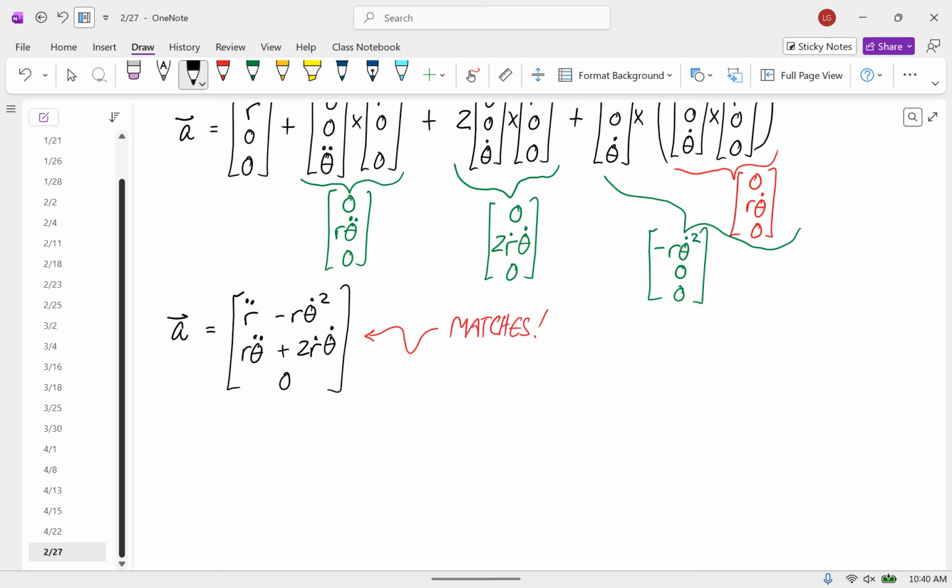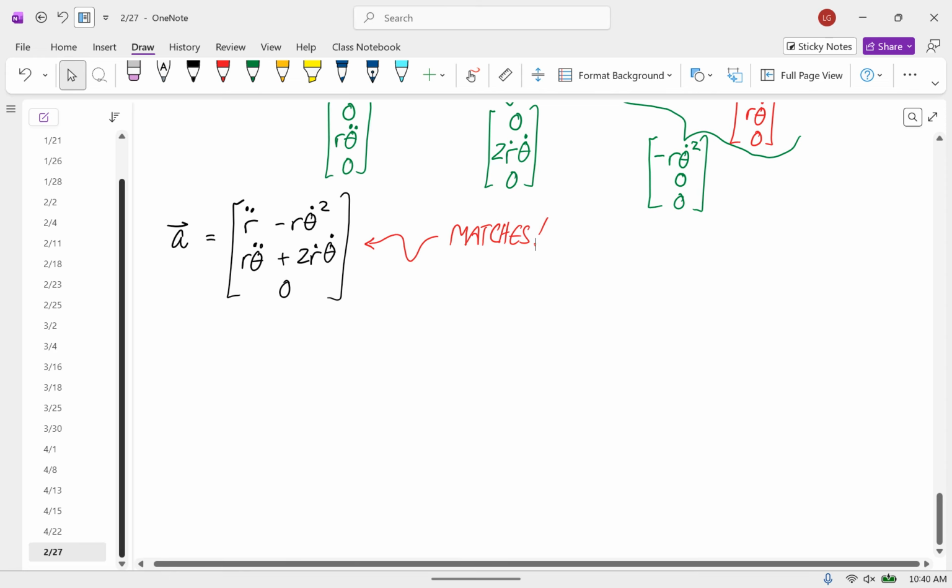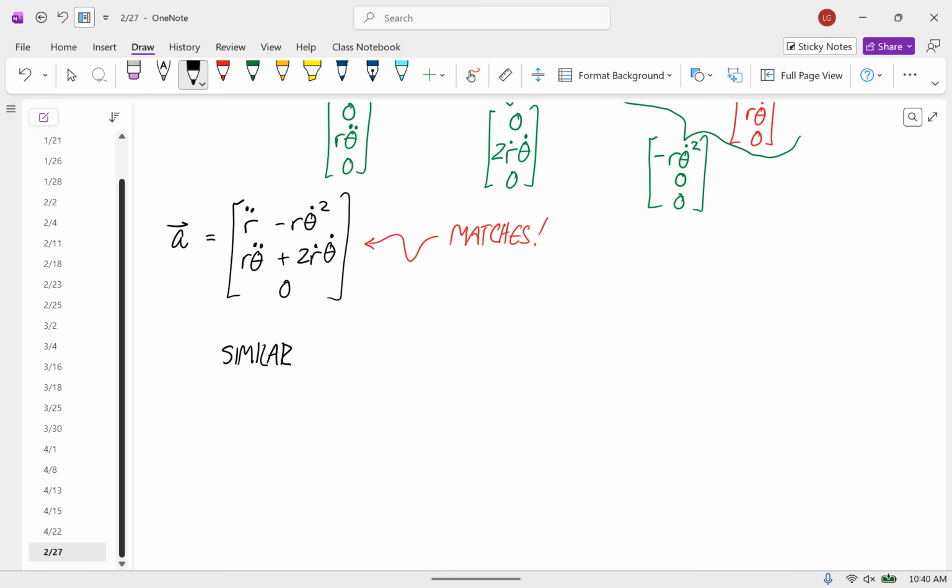And then what if this is cylindrical coordinates instead of polar coordinates? Well, the only thing that's different is you also have a z component. So in cylindrical coordinates, you just put on the z dot and the z double dot.